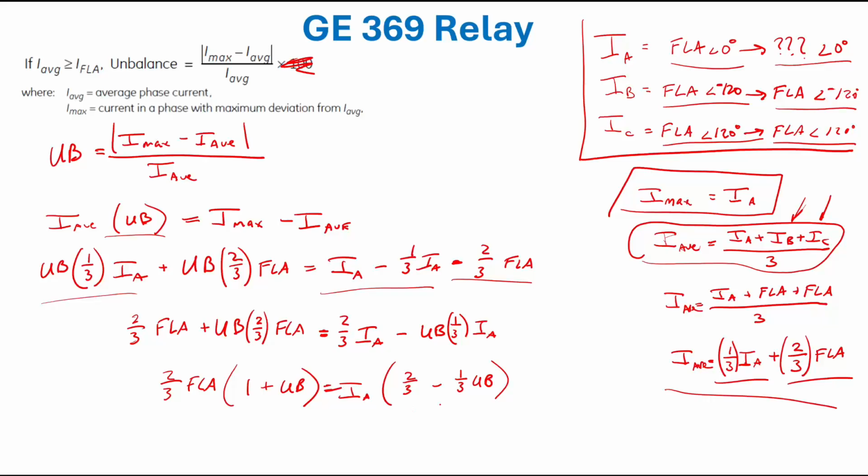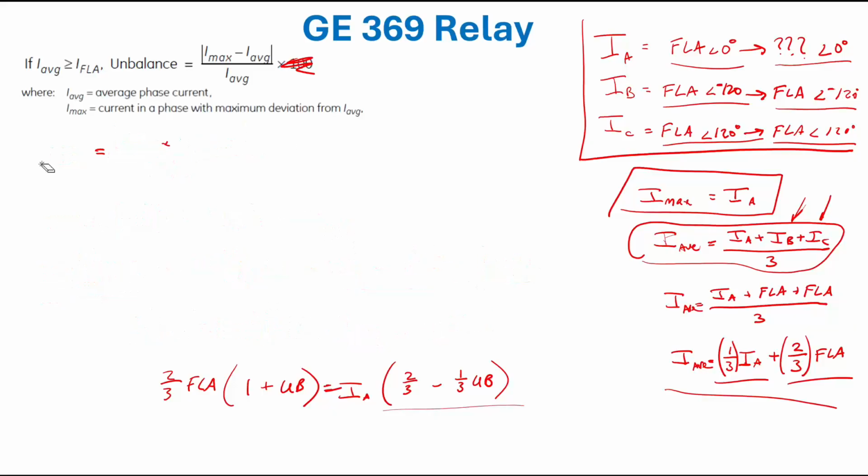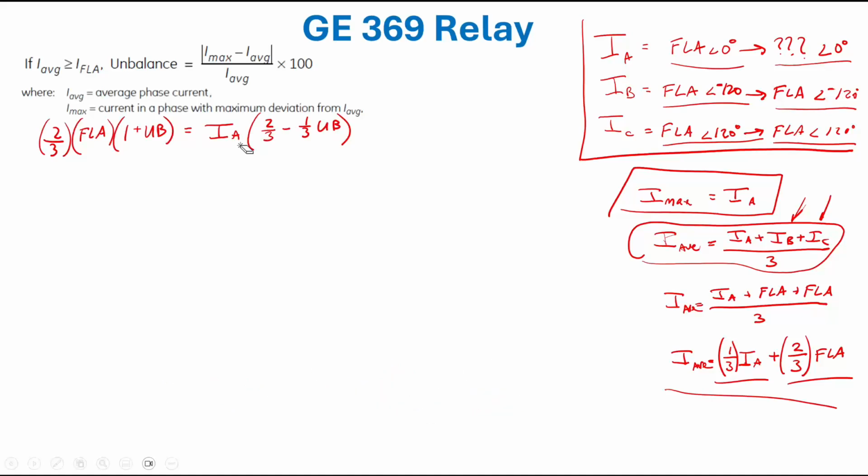Now we can just divide this on the other side. All right. I'm going to clear some room and rewrite this above. Now that we have that, we're just going to divide both sides by this 2/3 minus 1/3 UB. Then we'll simplify this shortly. So we'll divide both sides by this, and that'll get IA by itself.